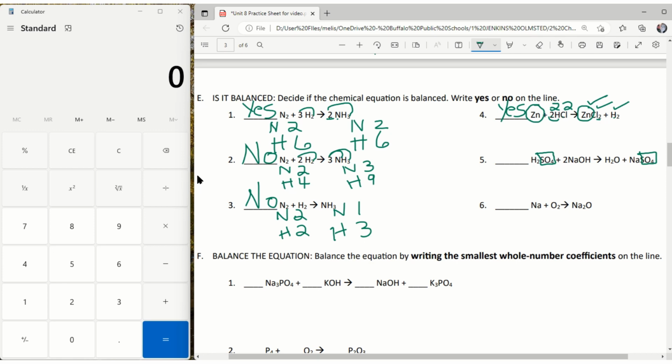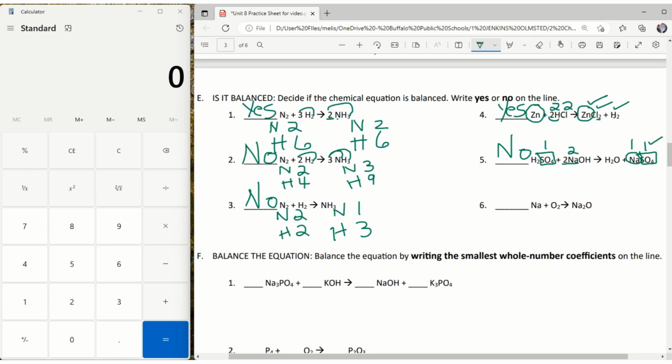How many SO4s on this side? 1. How many SO4s on this side? 1. So that's balanced. I'm going to just count it as a chunk, okay? Then I'm going to look at Na. How many do I have here? 1. But here, I have 2 Na. As soon as I see something that's wrong, no, this absolutely is not balanced.